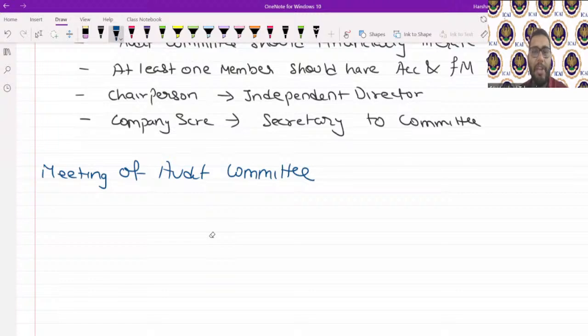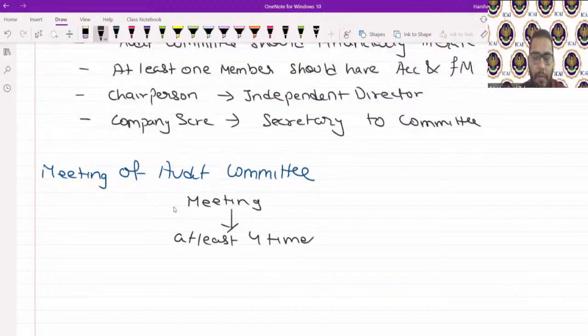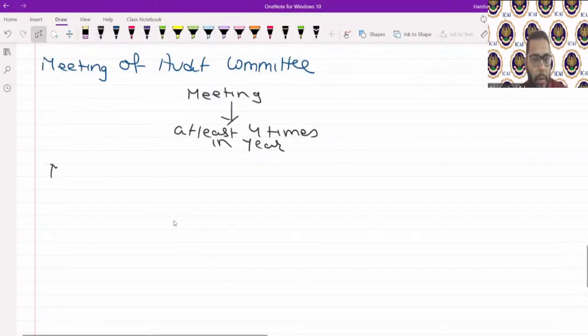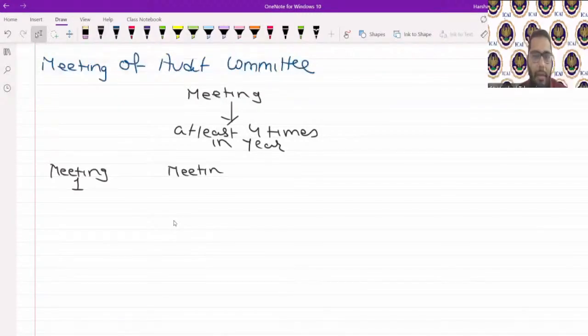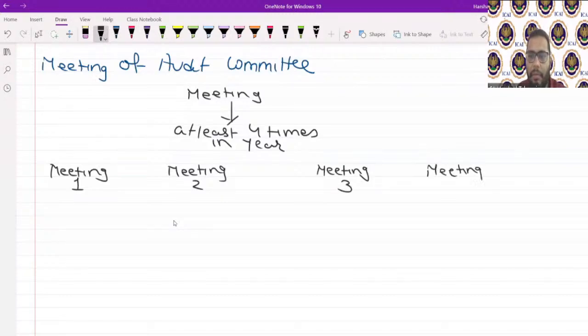The audit committee shall meet at least 4 times in a year, and not more than 120 days between 2 meetings. So let's say meeting 1, meeting 2, meeting 3, and meeting 4.